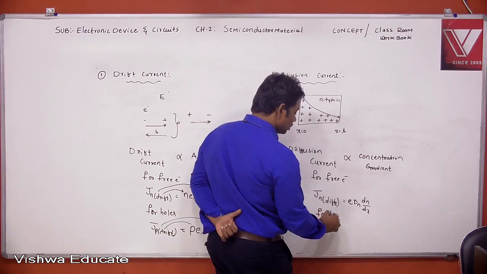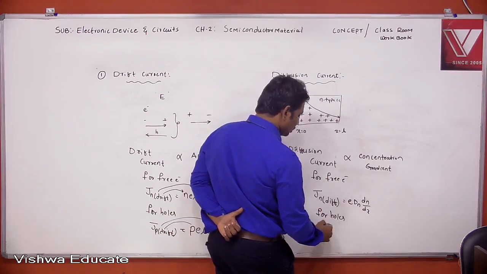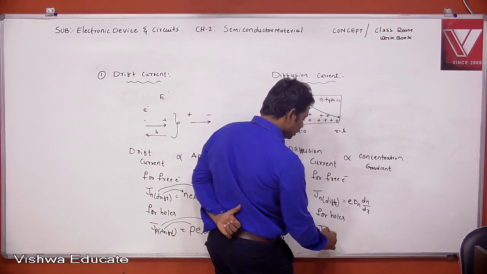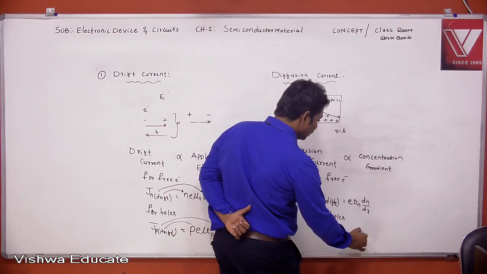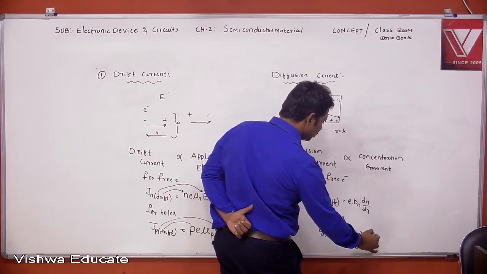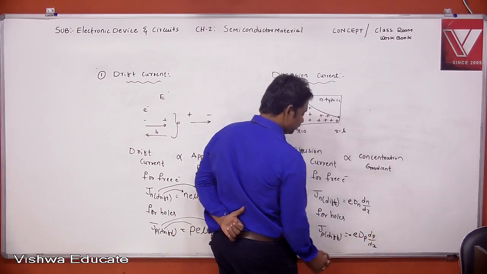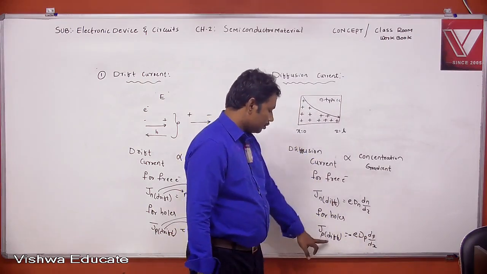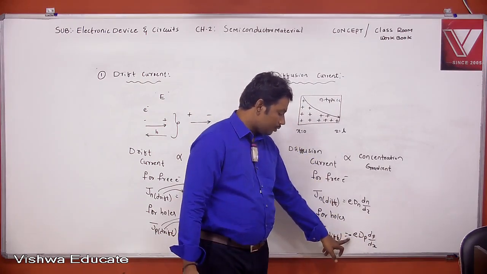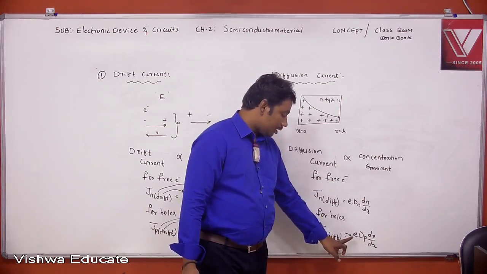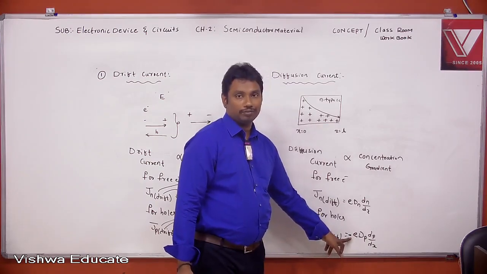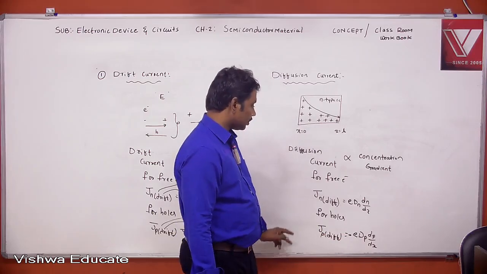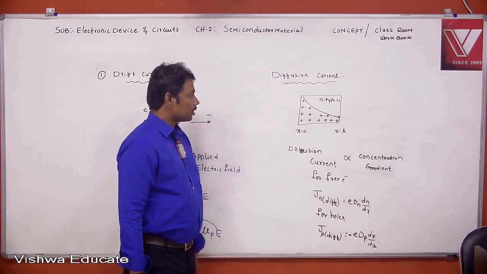Similarly for holes, Jp diffusion is equal to minus e into Dp into dp by dx. This is the diffusion current due to holes. Here the negative sign indicates that the direction of the hole is moving oppositely to the bound electron. That's why we are indicating with a negative sign. This is about diffusion current.